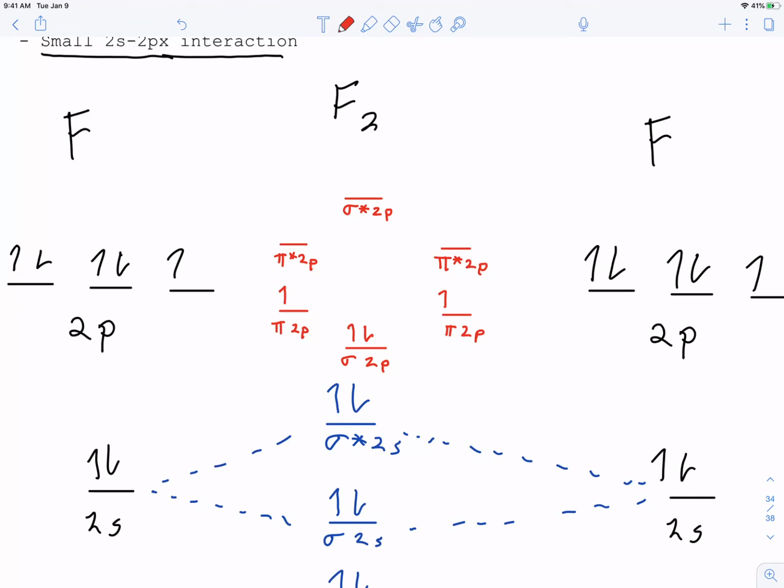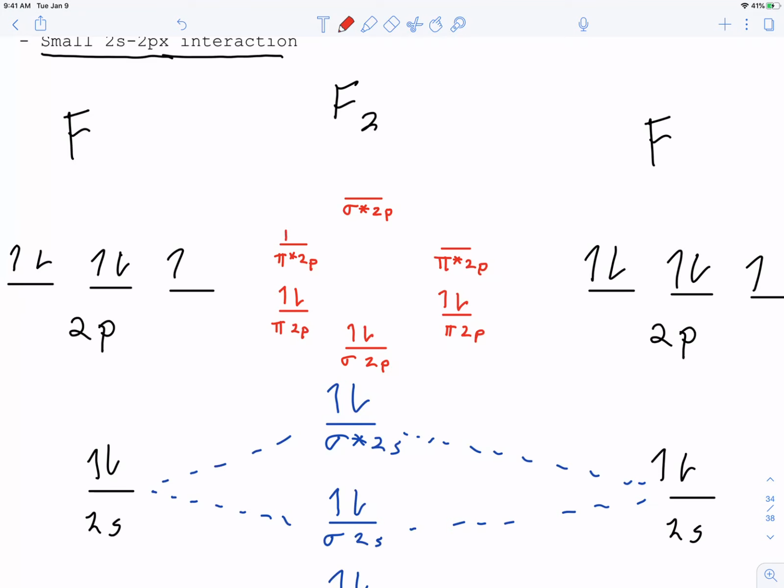Then we're going to put another one on the left, pi 2p, and then another on the right, pi 2p, because those are the same energy, so we half filled those first. This was a lower energy, so we filled it before we went on to the pi. We filled the sigma. But in the case of these two, we half filled them because they're at the same energy. We're going to do the same thing now with pi star.